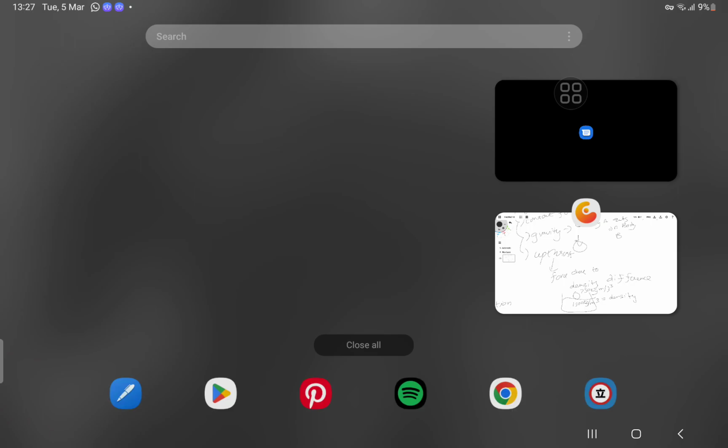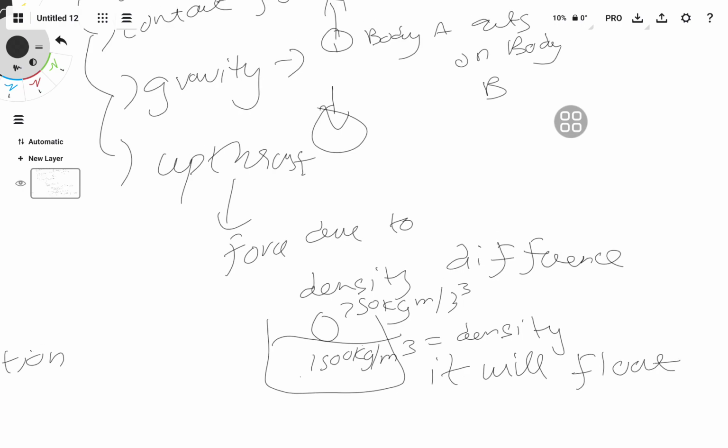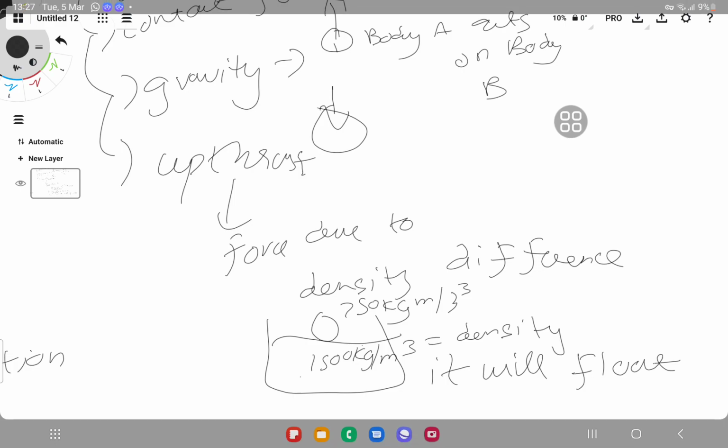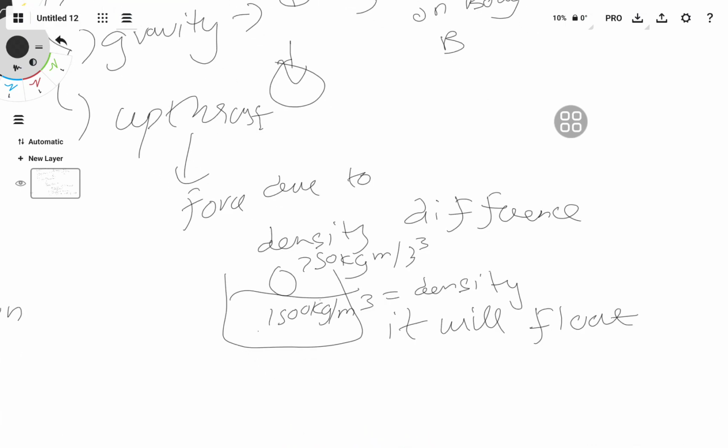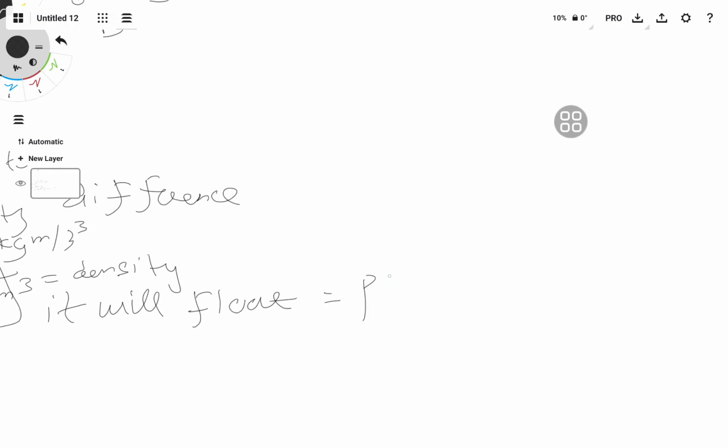Then it will float. This is given by ρVg, which is density multiplied by volume multiplied by g, basically another form of mg but in water.